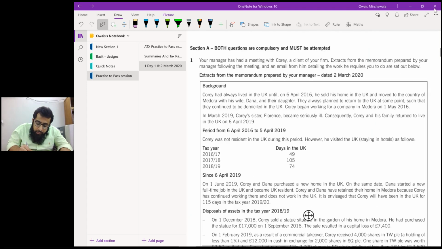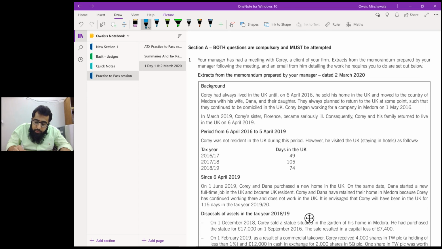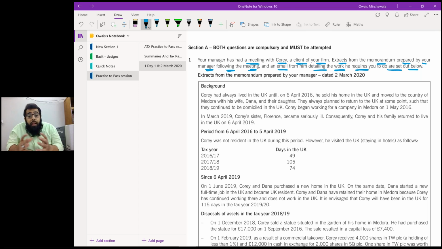Your manager has had a meeting with Corey, a client of your firm. Extracts from the memorandum prepared by your manager following the meeting, and an email from him detailing the work he requires you to do, are set out below. Extracts from the memorandum dated 2nd March 2020.